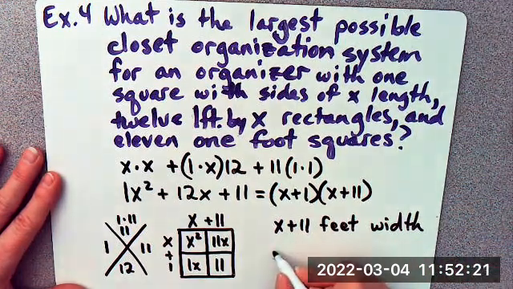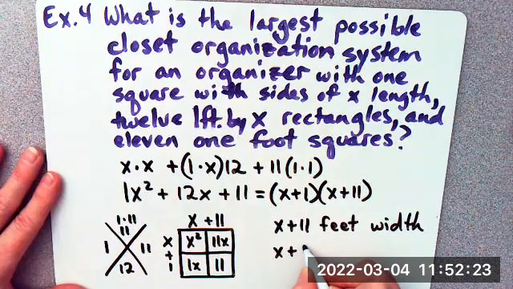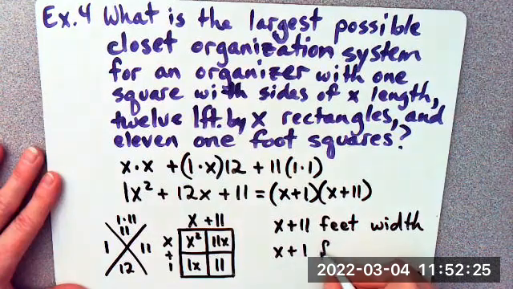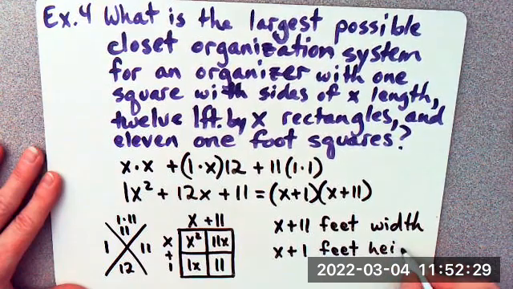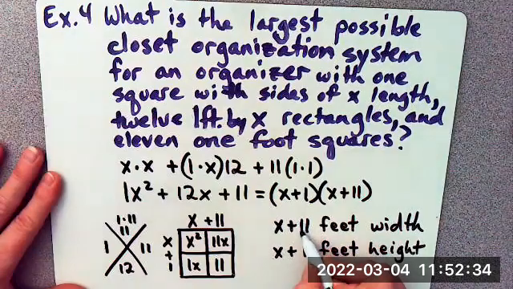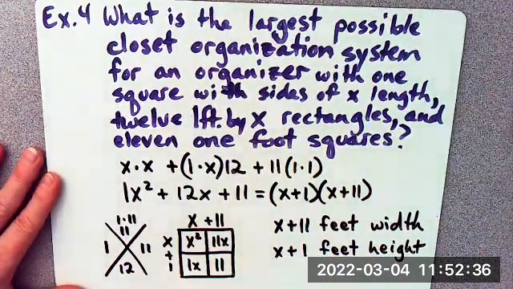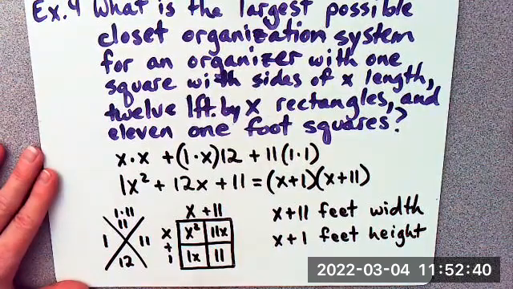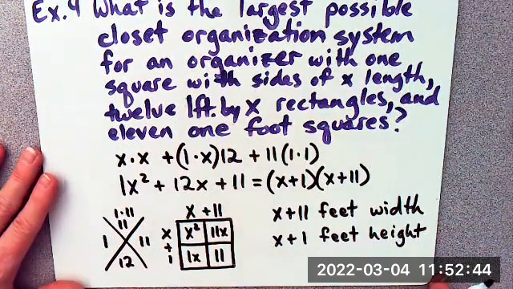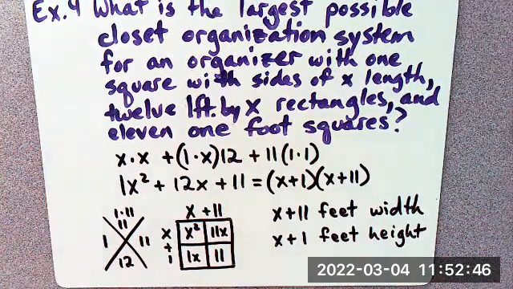And then the height will be x plus 1 feet. So now we can just vary our proportions of what x is going to be, and then we can fit the biggest wall organization system, closet organization system, that we can in our closet.